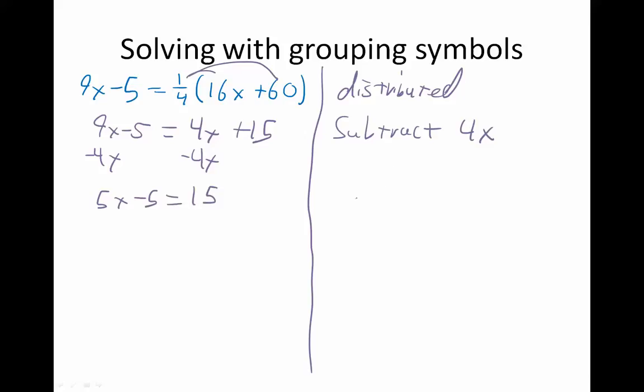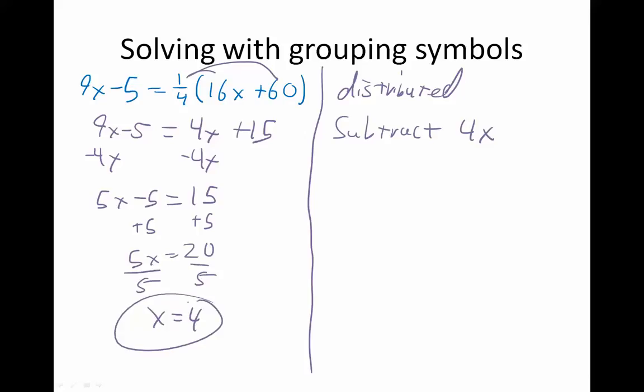Now it looks like an equation that we started in 2.3, right? Notice how every time we do a step, we make equivalent equations that are simpler, right? So I'm going to do this by adding 5 to both sides. I get 5x equals 20. And then I'm going to divide both sides by 5, and I get x equals 4.